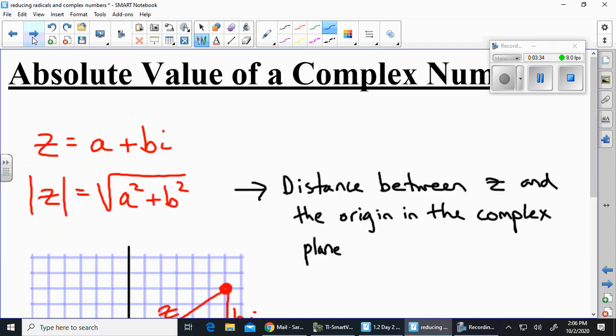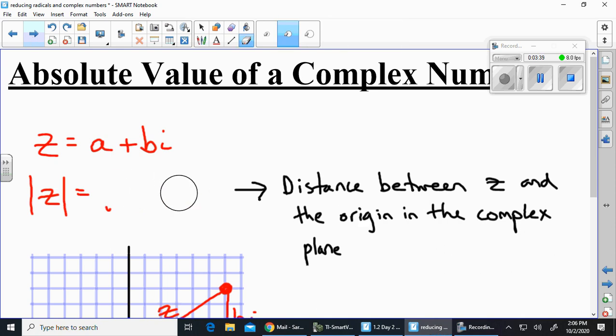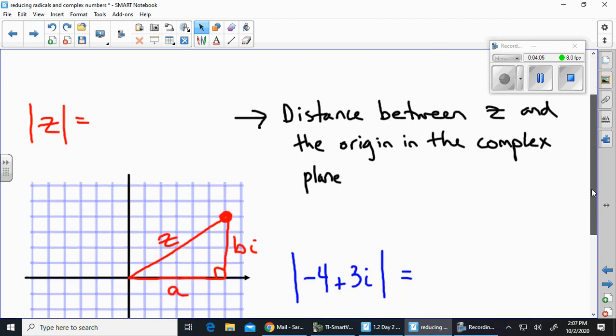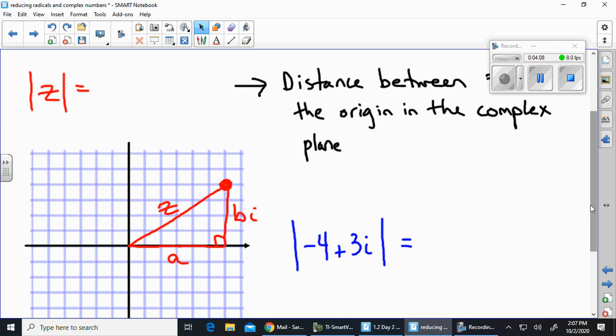Last thing, you may be asked the absolute value of a complex number. If I ask you the absolute value of a complex number, think absolute value is distance from 0. So in the coordinate plane, it's going to be the distance between that number, that point, and the origin. So I just sort of drew a picture.